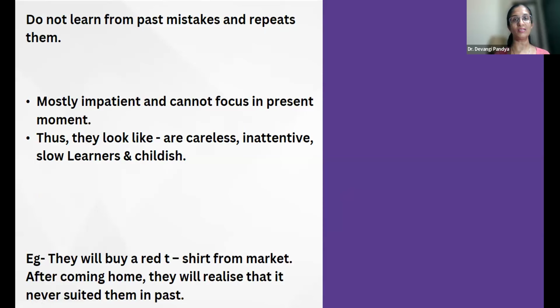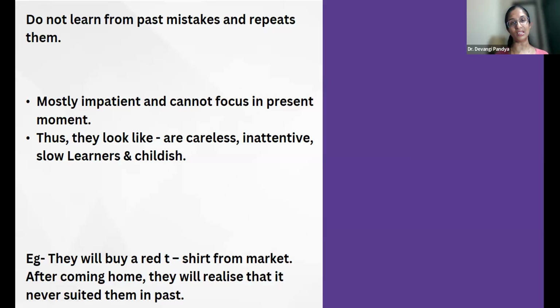Here there are 2 ways to see this remedy. One is that the memory is weak in this type of children or patients, and in the other way they also have sharp memory but they are inattentive. Like the example given here, a person goes to buy a red t-shirt.